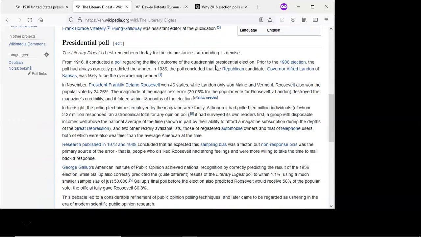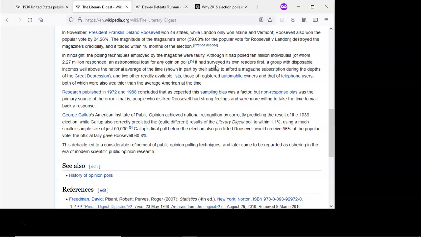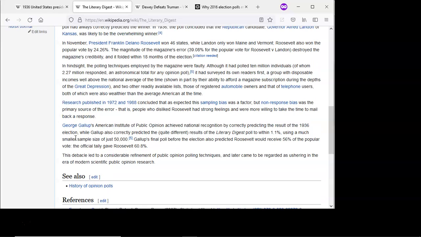Another interesting aspect is, in the same election, a young researcher called George Gallup and his team used a proper method and used only a fraction of the sample size, only 50,000, and they called it right, amazingly accurately as a matter of fact. And the rest is history.